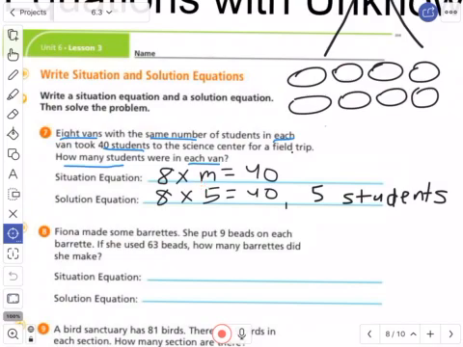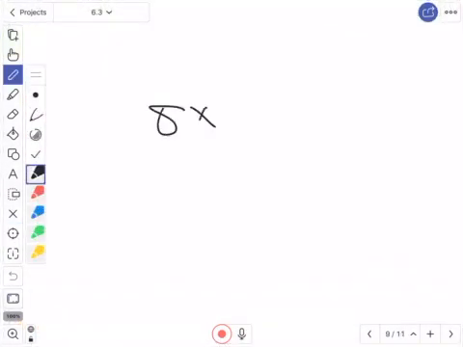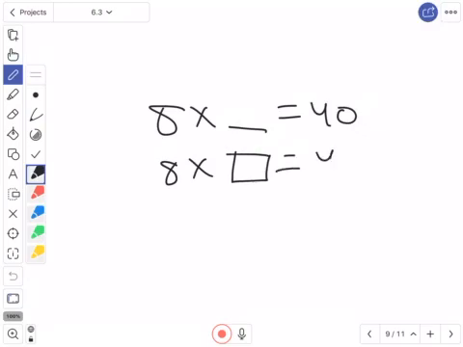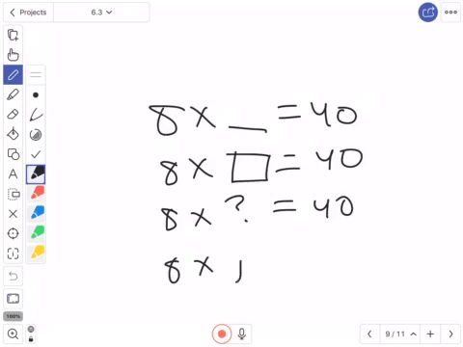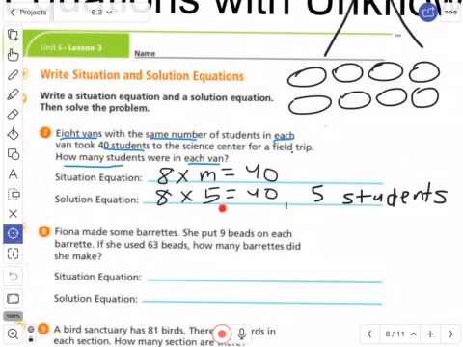Another way to do that same one would have been 8 times blank equals 40, or 8 times a box equals 40, or 8 times question mark equals 40, or 8 times J equals 40. Whatever you want to do. And then your second line is what the actual solution equation is, with the answer. I'm going to do one more after that one.